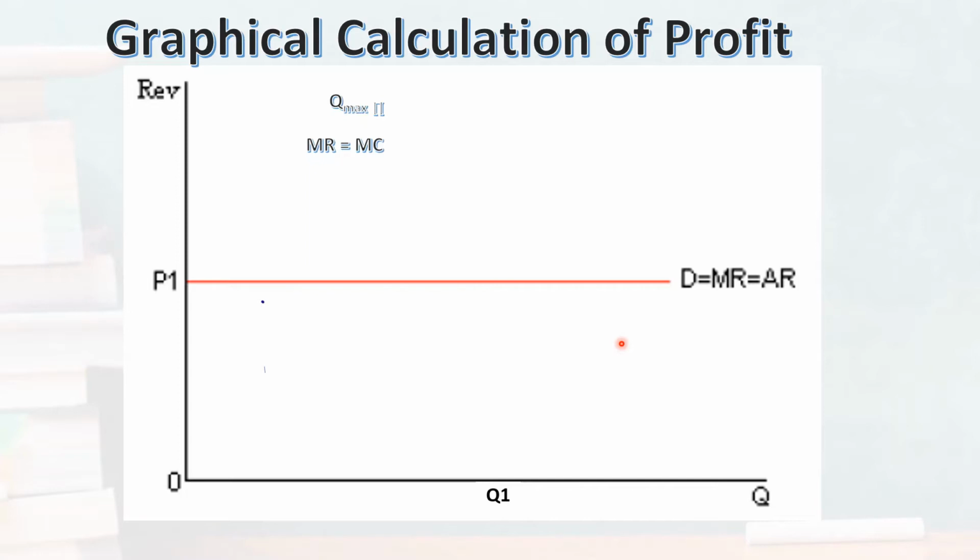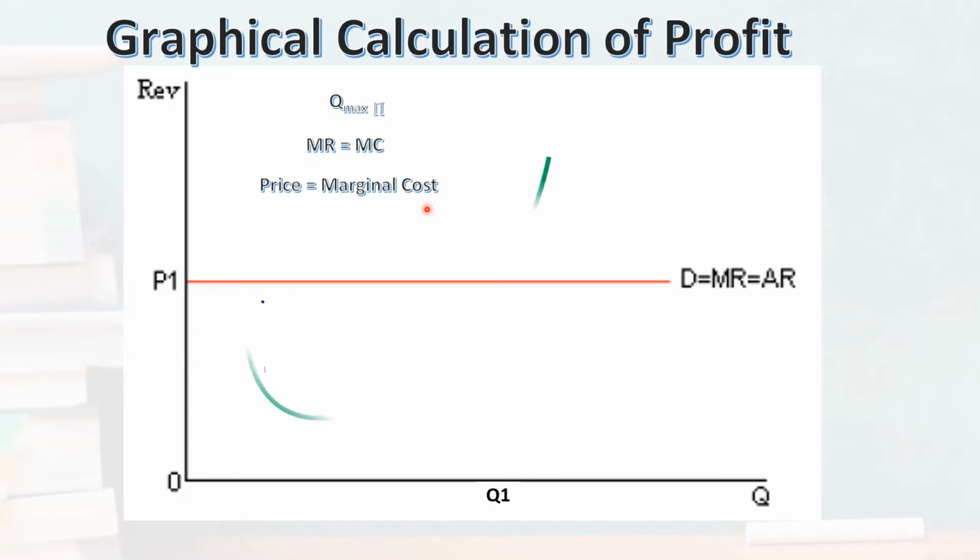And you should know that marginal revenue for a perfectly competitive firm is always equal to price. So by just replacing marginal revenue with price, the condition is going to be price equals marginal cost. So we need to equate price with marginal cost.